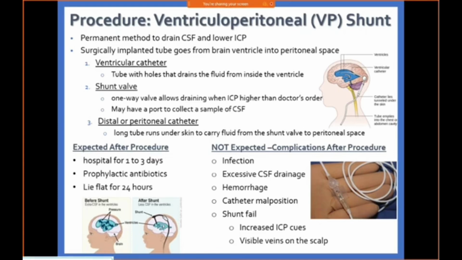They have a little dial on the shunt valve that sets a certain ICP, and the practitioner can go in with a magnet and turn the dial, so they can say any ICP greater than 15 will drain CSF, or any ICP greater than 10 will drain CSF. They can decide which ICP drains CSF. It's pretty cool. So a VP shunt is basically internal, and there shouldn't be much chance of infection because it's all internal, and the extra CSF is draining to your peritoneal space.